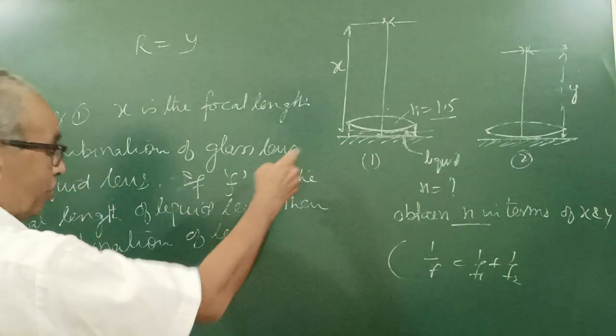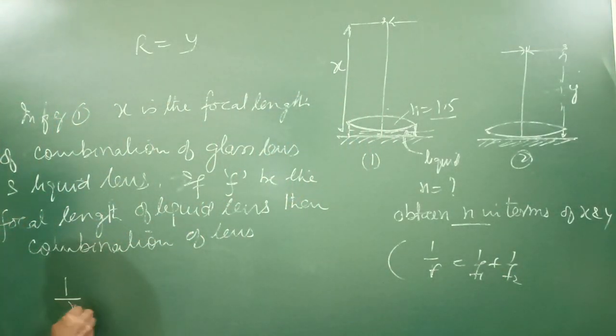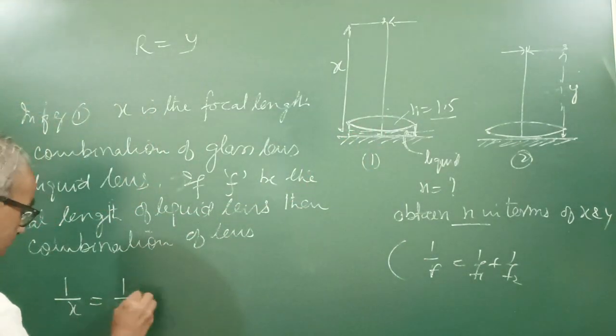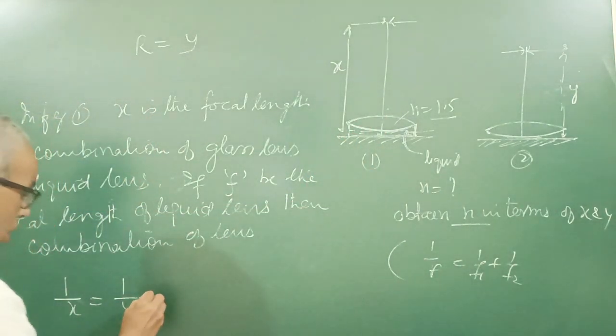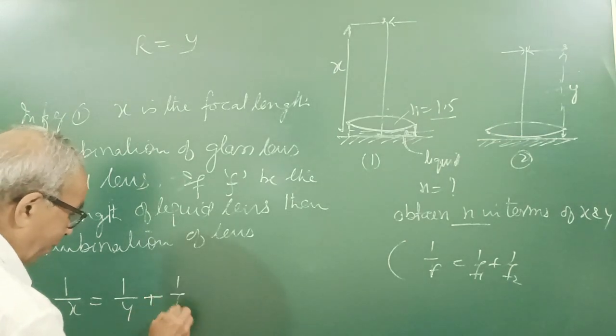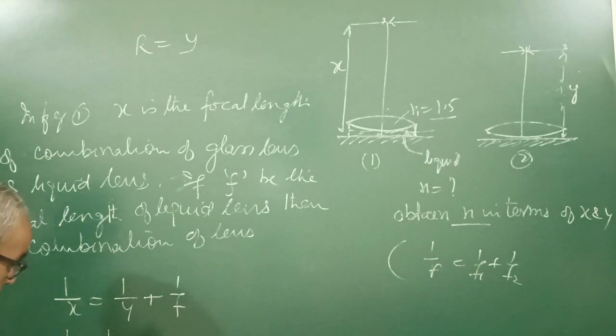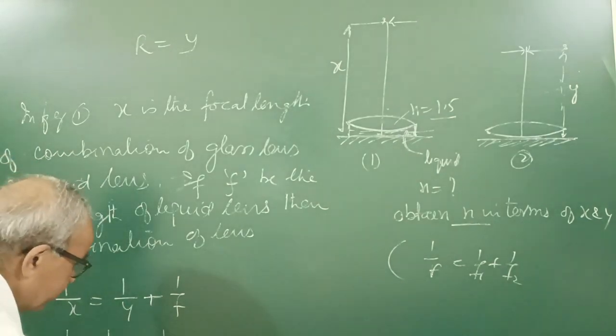So 1 upon f here, 1 by x, is equal to that of the lens, 1 upon y, plus 1 upon f. Or 1 upon x minus 1 upon y is equal to 1 by f.